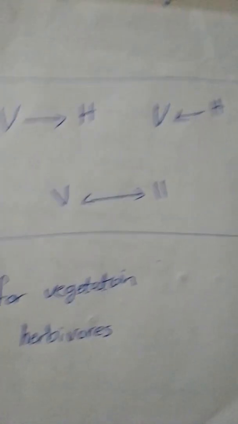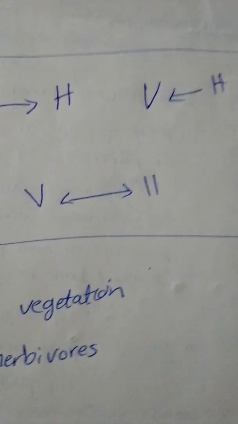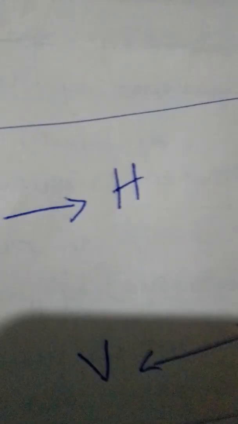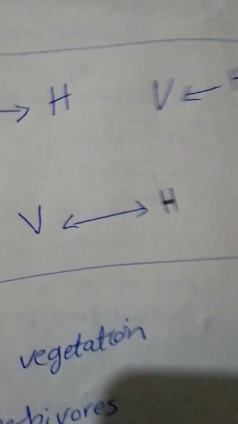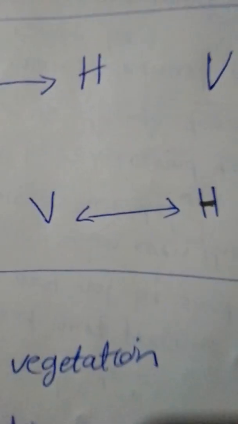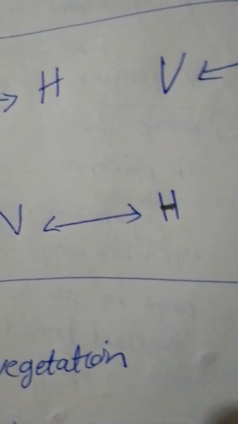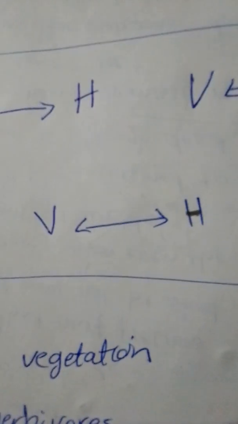The arrows indicate that a change in the total biomass, the total mass of one trophic level, causes a change in the other trophic level.